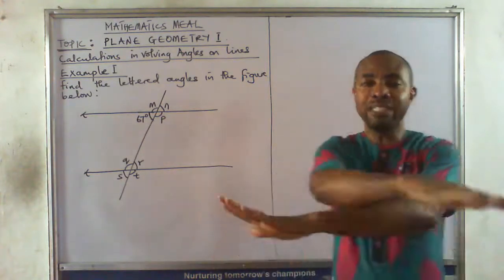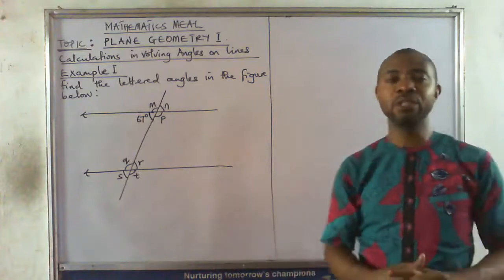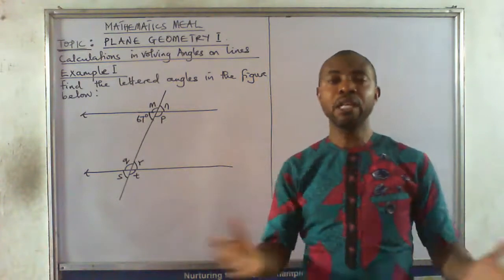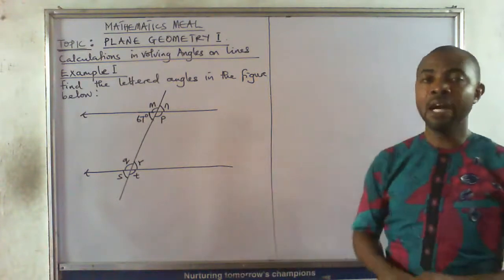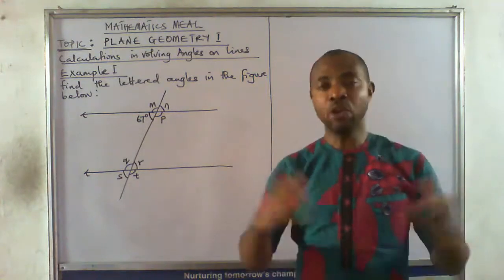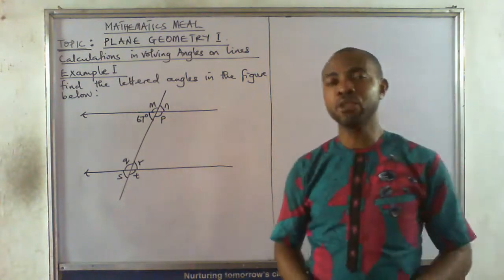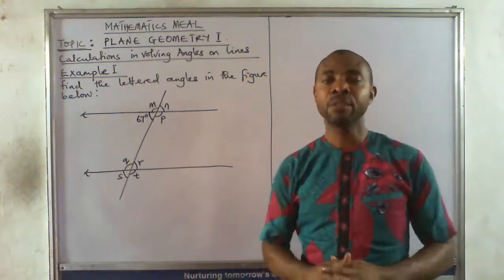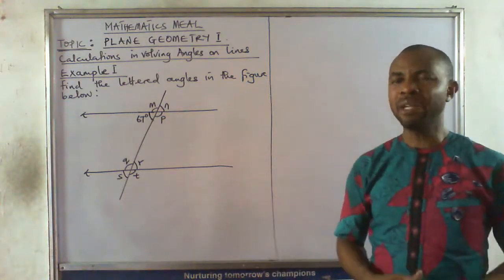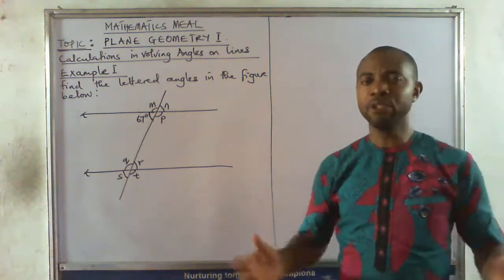Then we said that when we have intersecting lines, vertically opposite angles are equal. We also said that when we have parallel lines and transversal lines, their corresponding angles are equal and alternate angles are equal.